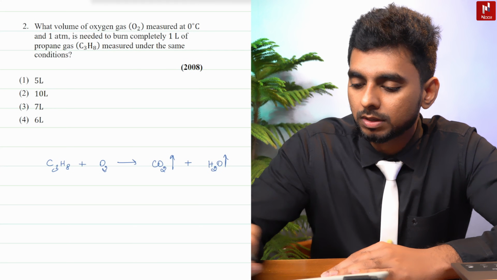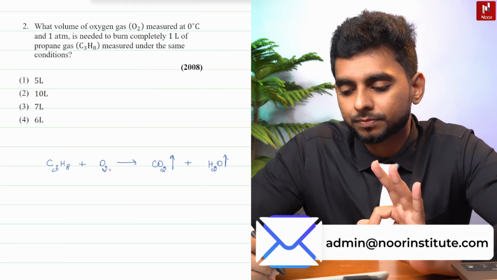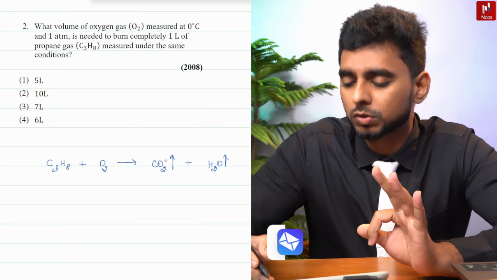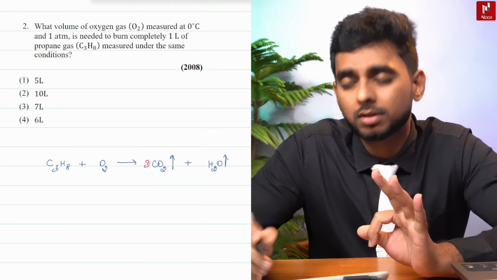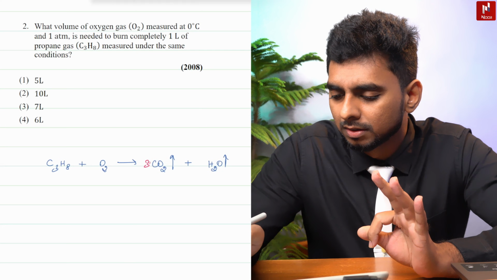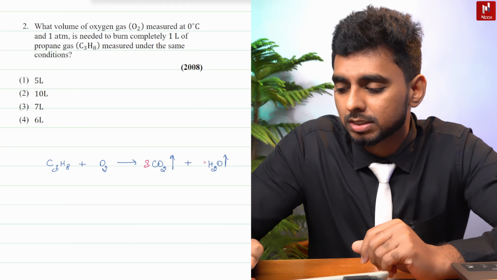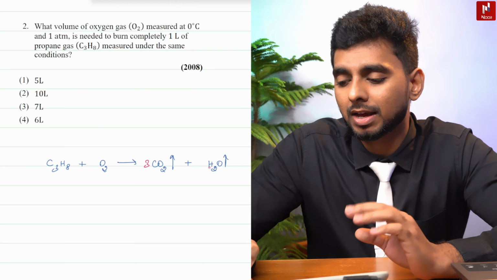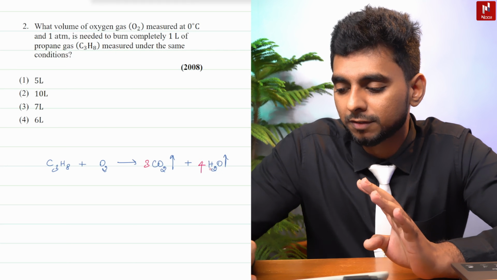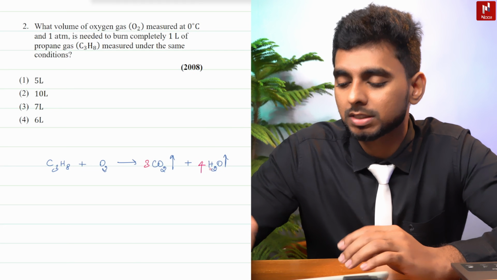So here it was C3. You have 3 carbon atoms. If I have to balance the stoichiometry, I need 3 carbon on the other side, so 3 CO2 will be there. Then for the hydrogen, you have 8 hydrogen, which means I'll have to have 8 hydrogen there too. So the stoichiometry will be 4 for H2O, that gives me 8. The only thing left to balance is the oxygen.